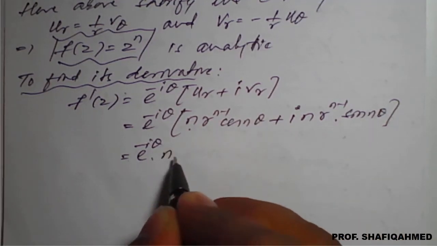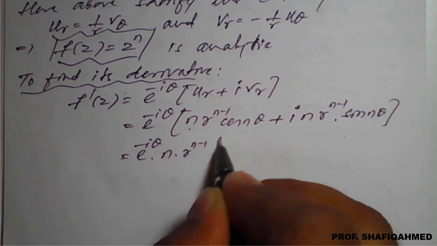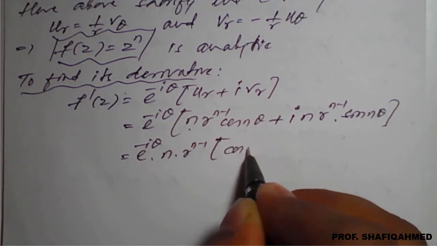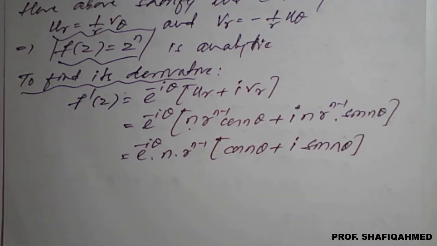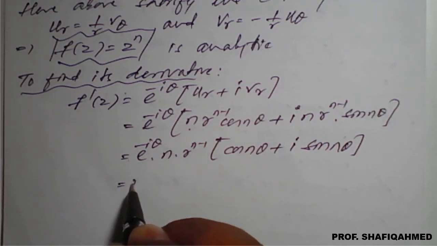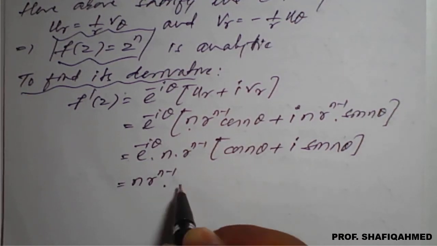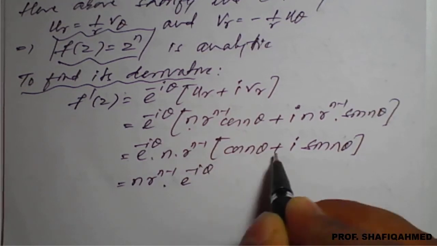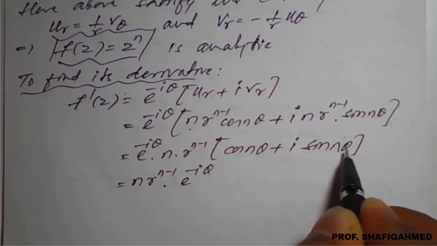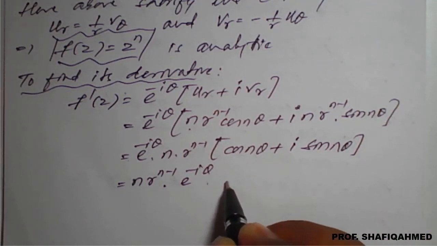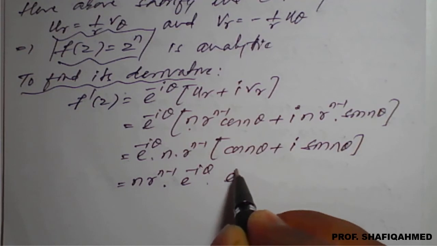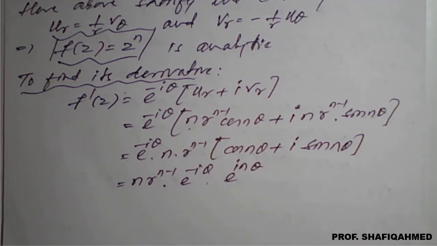So I will take that out. Left inside is cos of n theta plus i times sine of n theta. So this is nothing but n r raised to n minus 1 into e raised to minus i theta, and the bracket cos n theta plus i sine n theta is a complex number, that is e raised to i n theta.